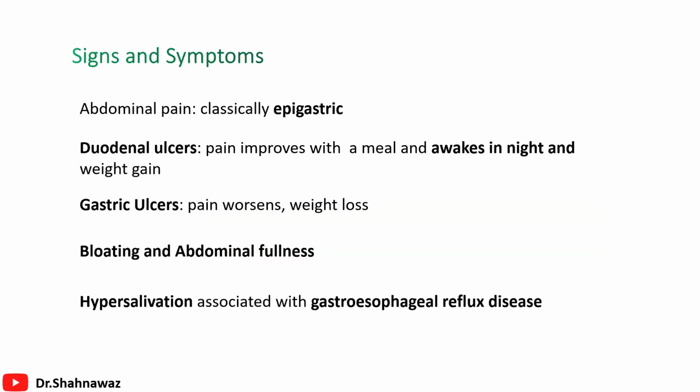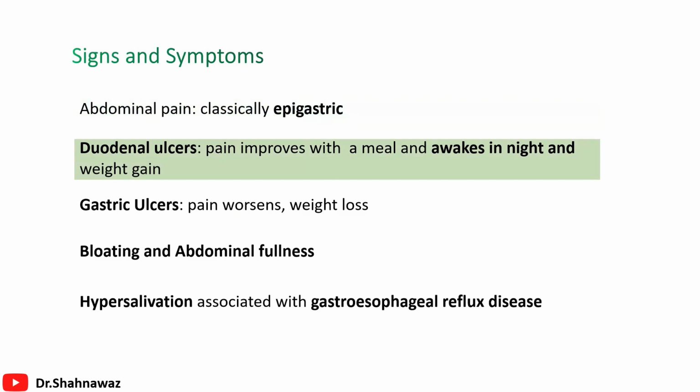Continuing the lecture on PUD, we will see what the signs and symptoms could be. The abdominal pain is classically present as epigastric. There are two types, duodenal and gastric ulcers. In duodenal ulcers, the pain improves with a meal, and this epigastric pain could wake patients at night.